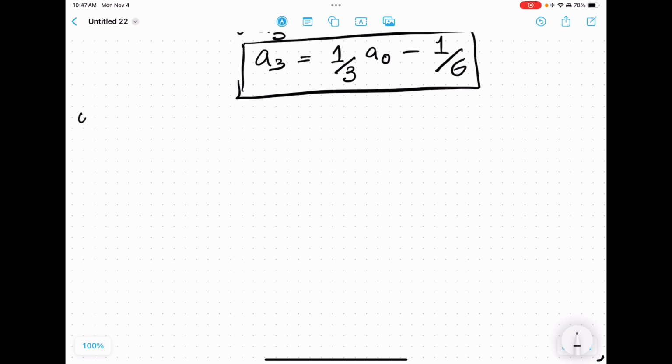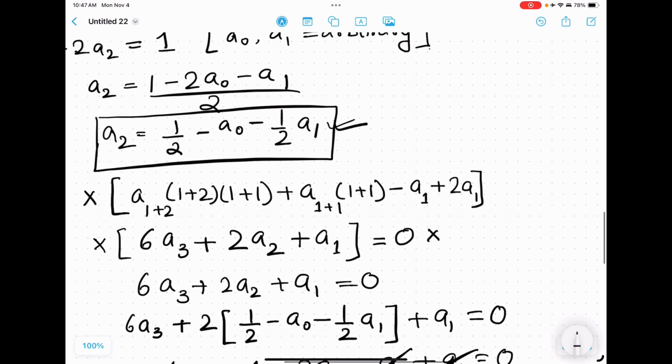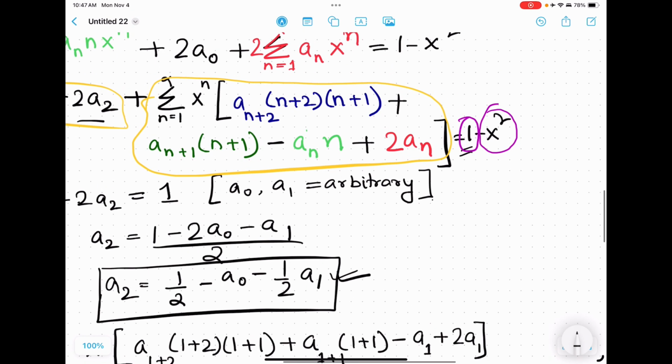So when n is equal to 2, if we go above, I have x squared because now n is equal to 2. And then I have a sub 2 plus 2 times 2 plus 2 times 2 plus 1, and then plus a sub 2 plus 1 times 2 plus 1 minus a sub 2 times 2 plus 2a sub 2.